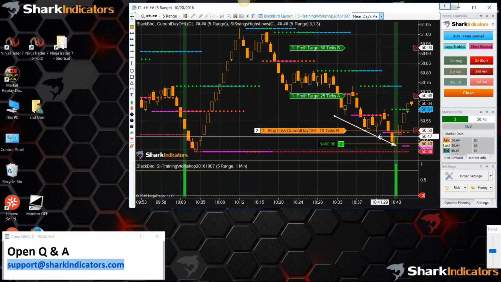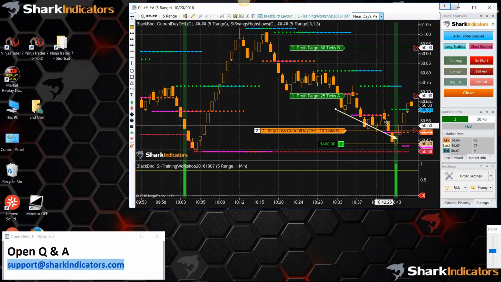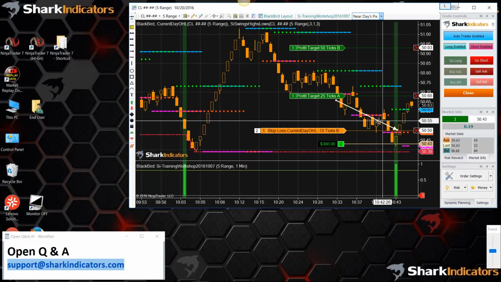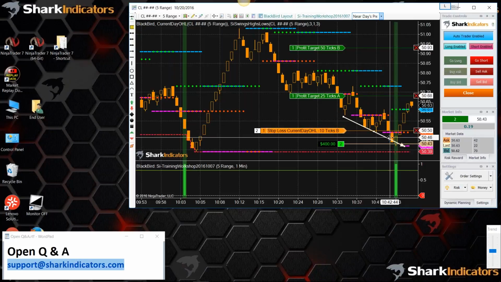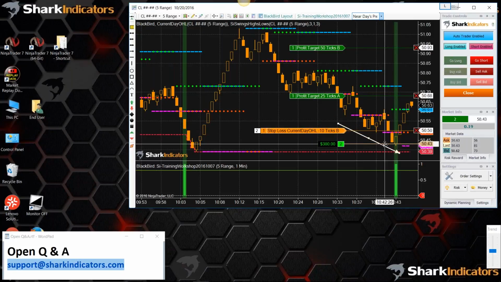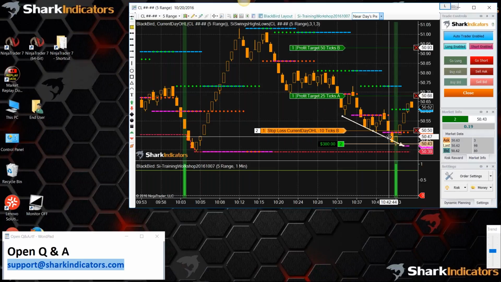But basically this swing low wasn't quite detected yet when we got our 15 ticks in profit. So our stop loss moved to a previous swing low, which is back here. So, let's see. No, yeah, this swing low just wasn't detected in time, at least not for a 5 range chart.